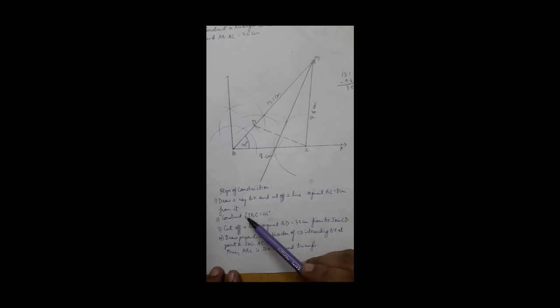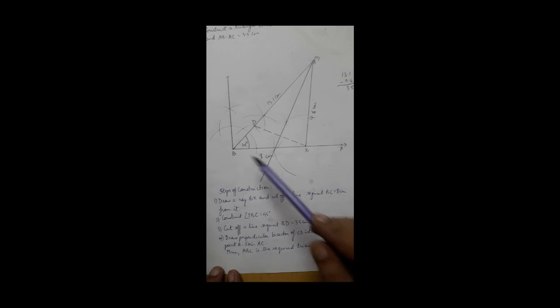Now we'll look at the steps that we followed to construct this diagram. So those are the steps of construction. First thing we did was we drew a ray BX, then we cut off 8 centimeters of that ray to get BC.